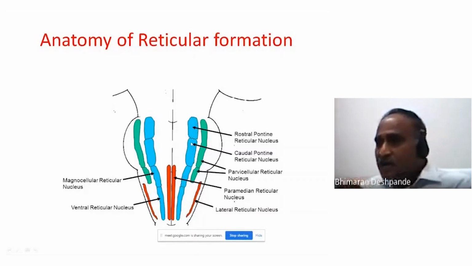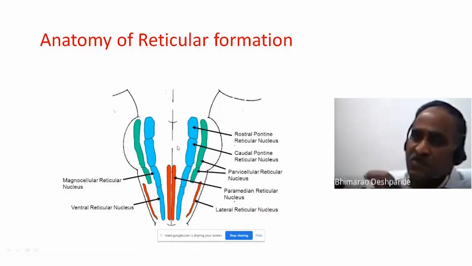Now this is medial and this is paramedial. On the lateral side you have this green one. These are the pontomedullary parvicellular reticular nucleus. Parvicellular. I will come back to that maybe in the next slide. And we have the lateral reticular nucleus.